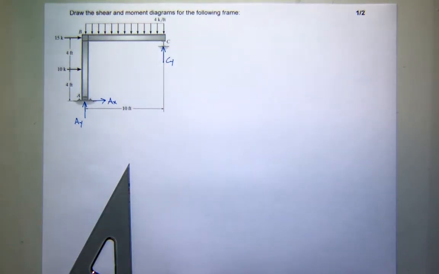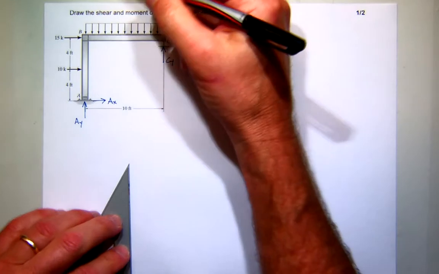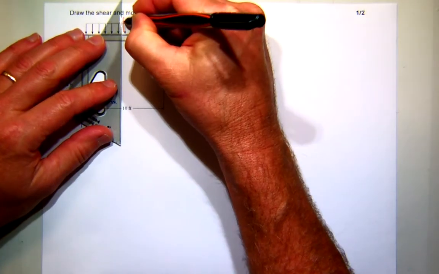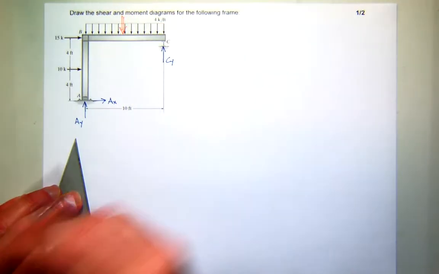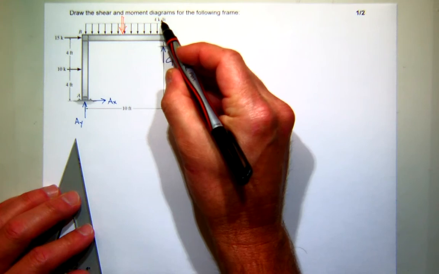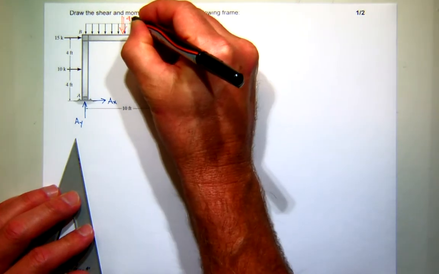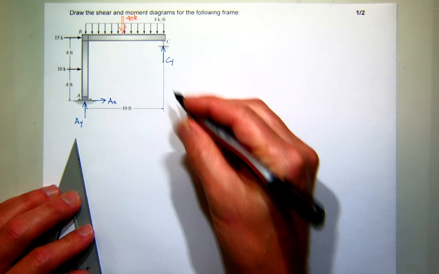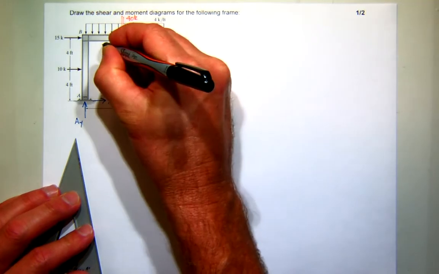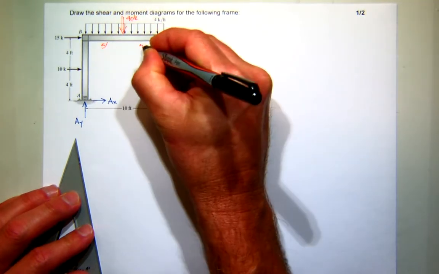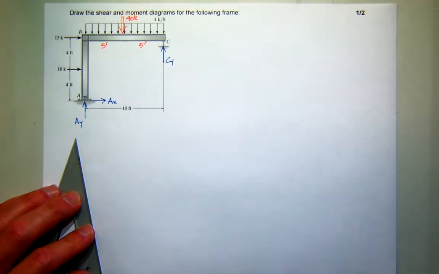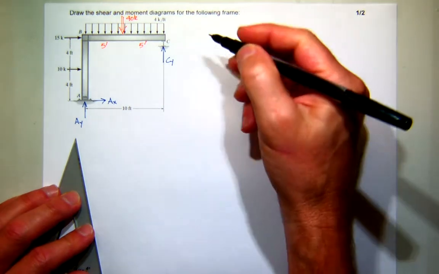You guys will have to help me with some calculations probably, but we know the concentrated equivalent force of that distributed load is 4 kips per foot times 10 feet, so that's 40 kips. And half the distance, that would be 5 feet. I think that's all we need to find the reactions.